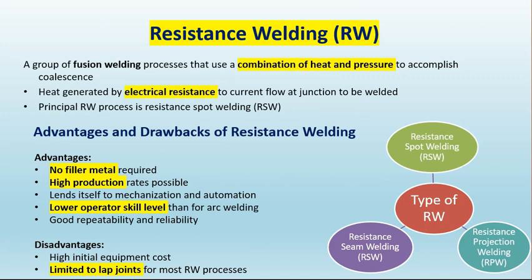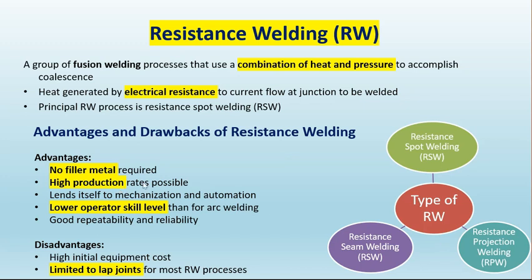And the other group, under diffusion, is resistance welding. It's a combination of heat and pressure, and usually they use electrical resistance from current flow. They have resistance spot welding, resistance seam welding, which you have seen, and then resistance projection welding. The advantages are no filler required and high production.